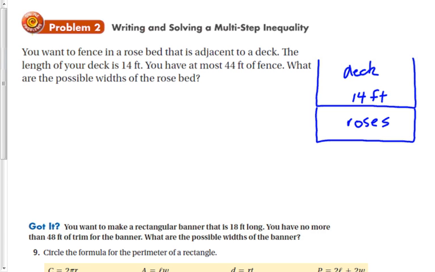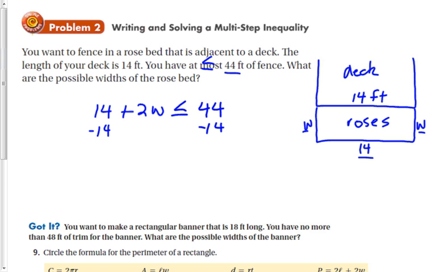And we want to know what widths we can use, so I'm just going to label that W for width. So what I need is fencing that's 14 feet long plus my 2 widths. So 14 plus 2 times W. And that, I have at most 44 feet. At most means less than or equal to. All right, and then we'll solve it. Subtract 14 from both sides.